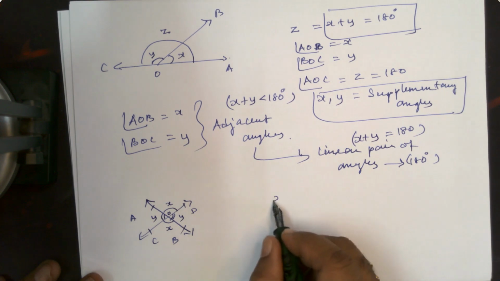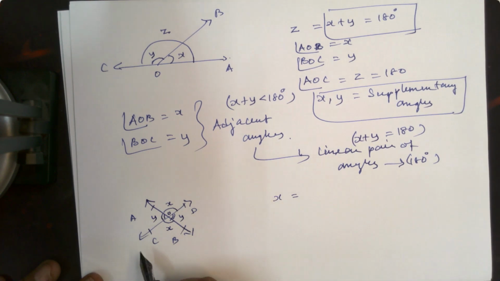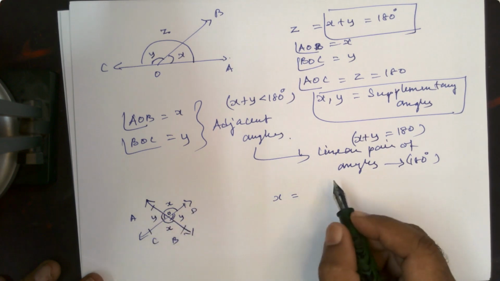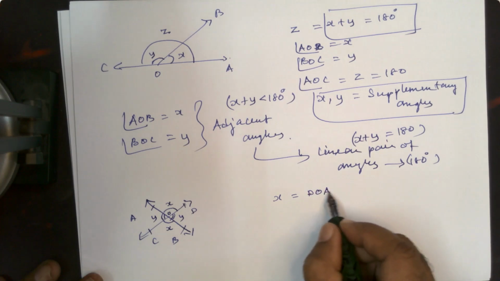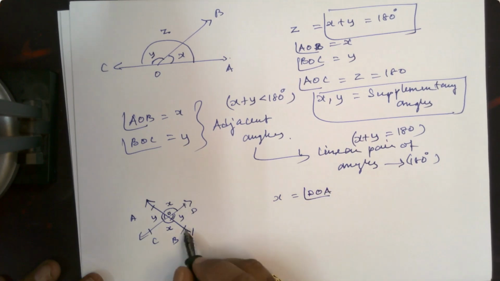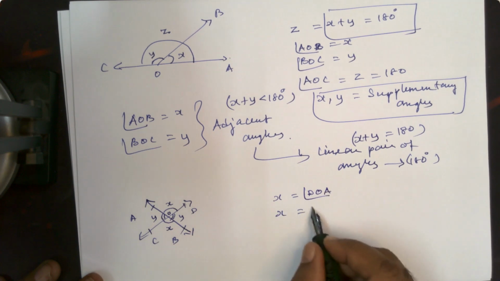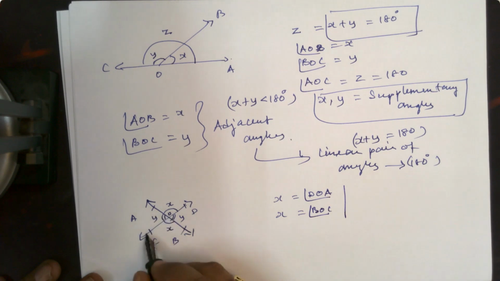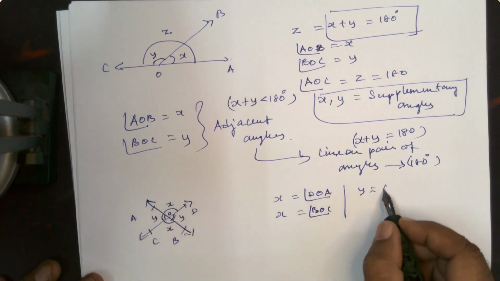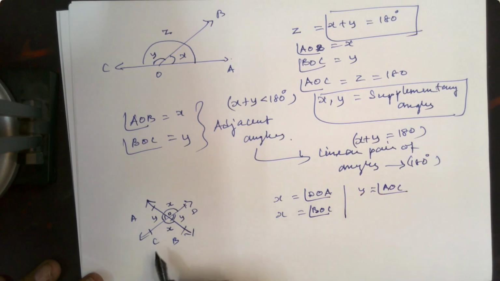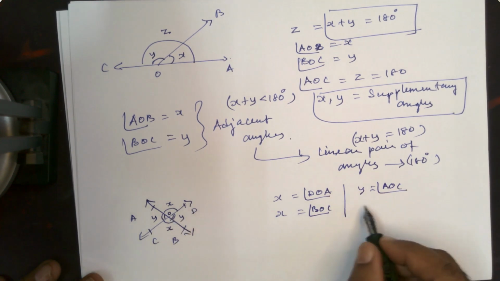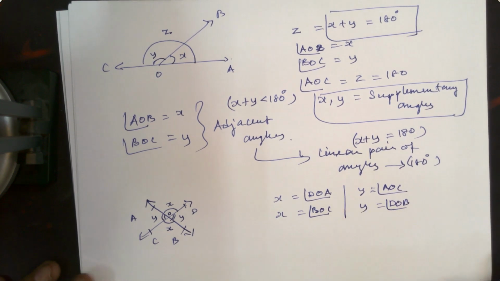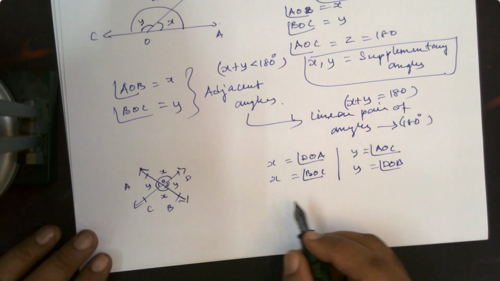So what is X here? X is equal to DOA. And BOC is also X. Similarly, AOC is equal to Y. Then DOB is equal to Y. So which are vertically opposite angles?